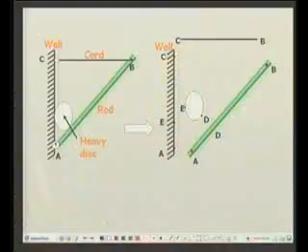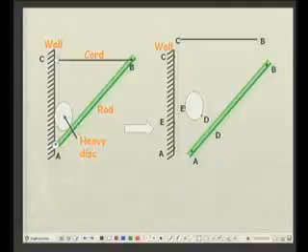Suppose the system of rigid bodies consists of a rod which is held by a pin to a wall here, and the rod is also connected to the wall with the help of a cord shown here, and between the wall and the rod there is a heavy disc, spherical or oval, which is simultaneously in contact with the wall as well as with the rod.